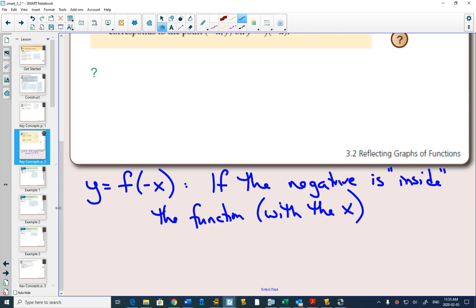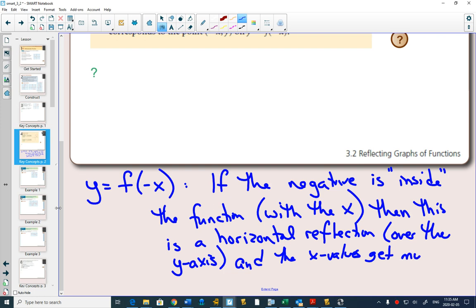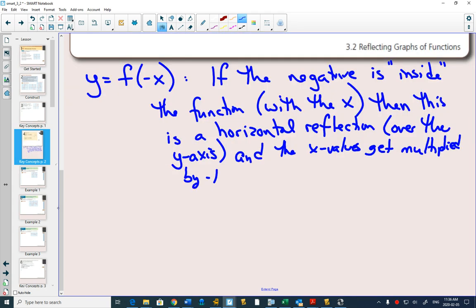If the negative is inside the function, in other words, the negative is with the x, then this is a horizontal reflection, which means you reflect over the y-axis, and the x values get multiplied by -1. So it flips your graph over the y-axis.